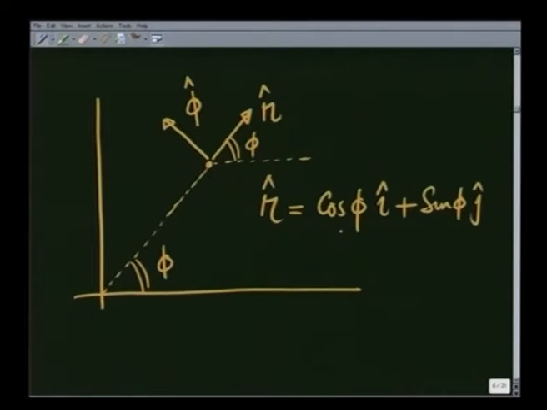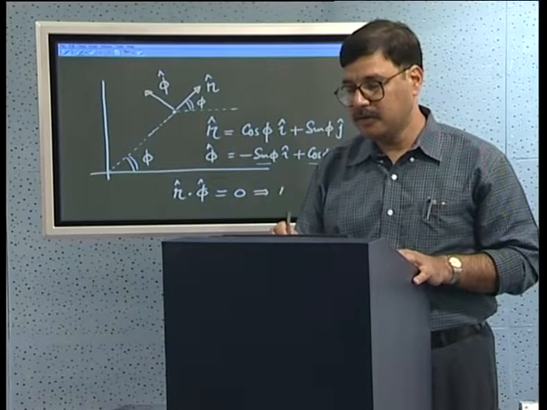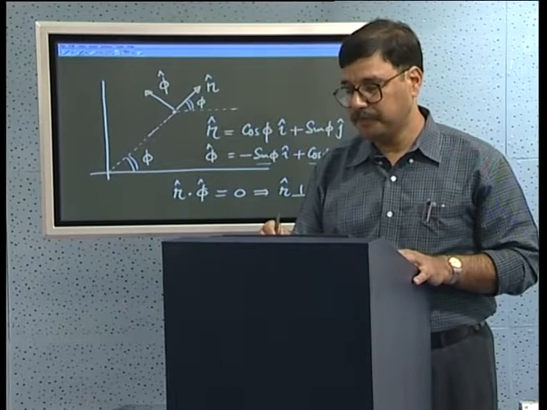Since cosine square phi plus sine square phi is 1, the magnitude of the unit vector is obviously 1. Similarly, unit vector phi is going to be equal to minus sine of phi i plus cosine of phi j. Again, the magnitude of phi unit vector is sine square phi plus cosine square phi, which is 1. You can also see right away that r dot phi, that is their dot product, is equal to 0, which implies that the two unit vectors are orthogonal to each other.